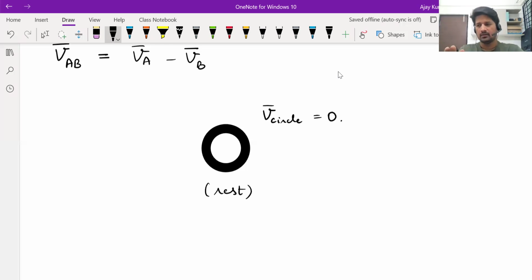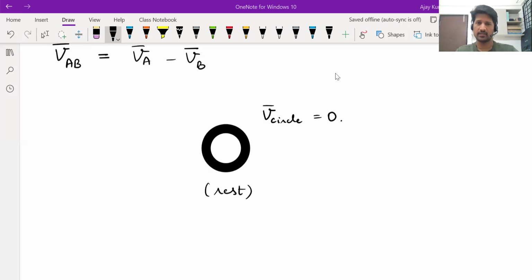Right. All others also, you move to the right, and relative to you, how does the circle move?